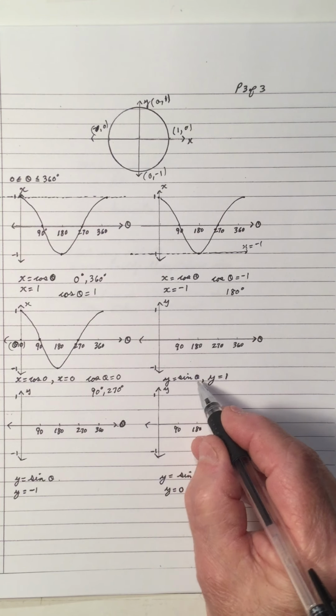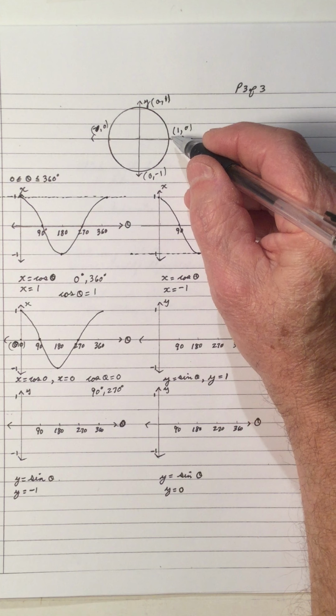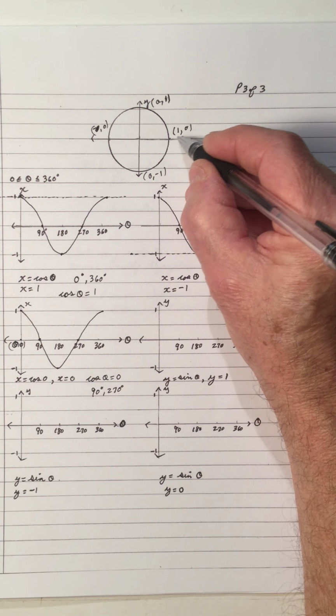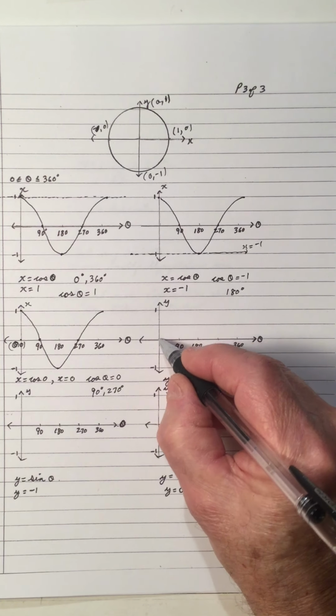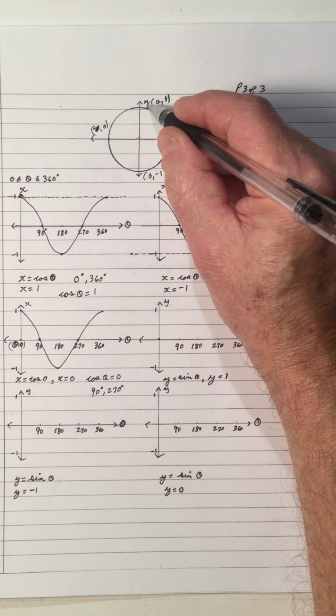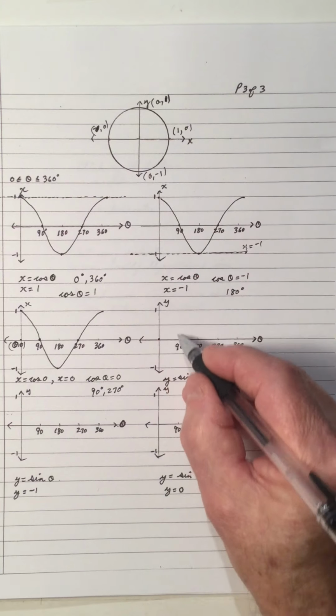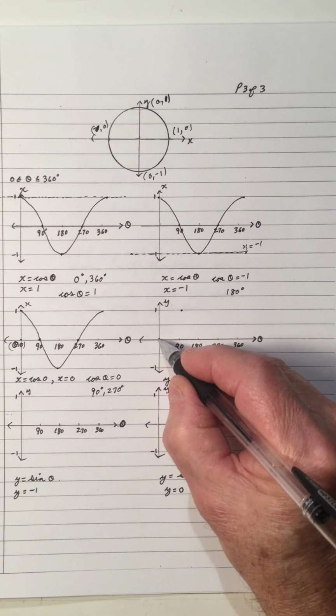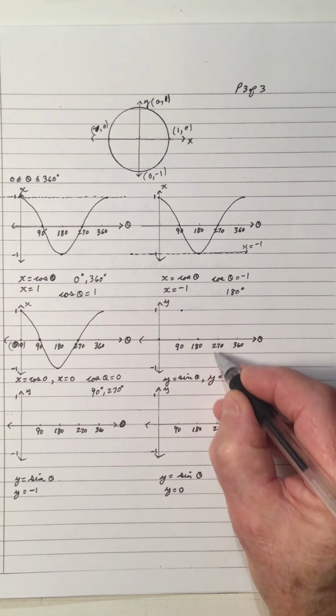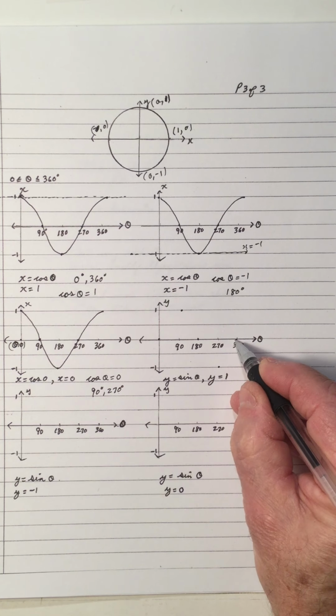Okay, let's have a look at the sine graph. The sine starts at 0. The sine of 0 is 0. The sine of 90 is 1. So we go 0, 1, back to 0, down to negative 1, back to 0.